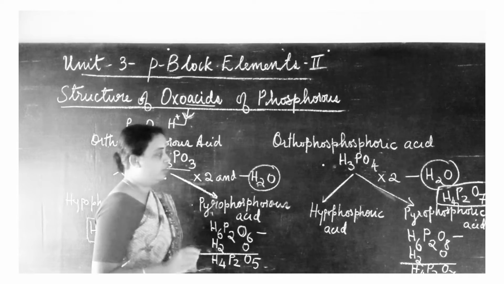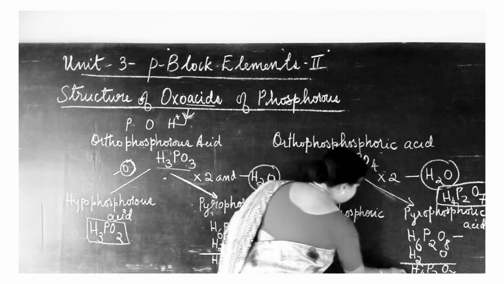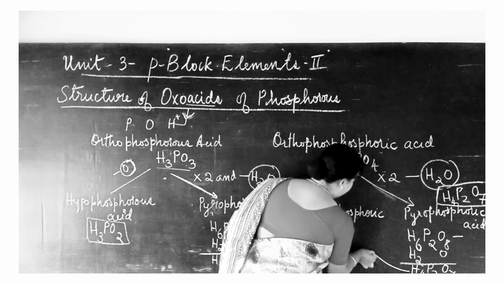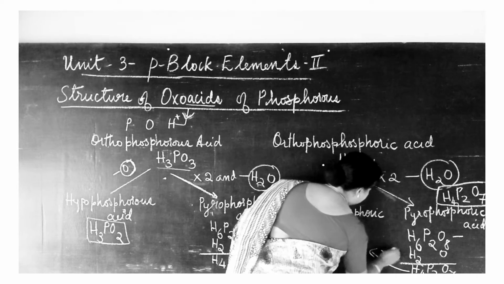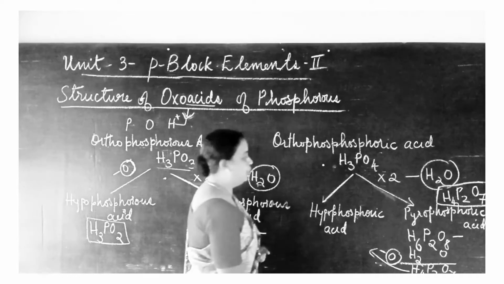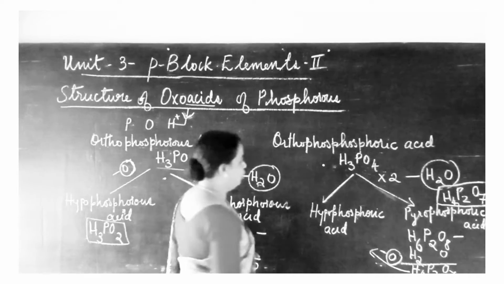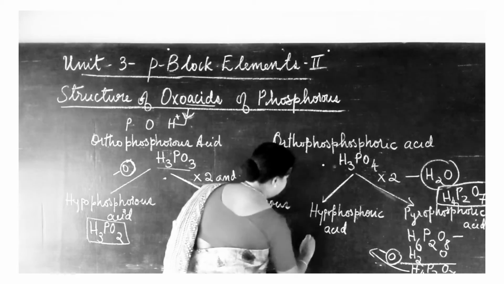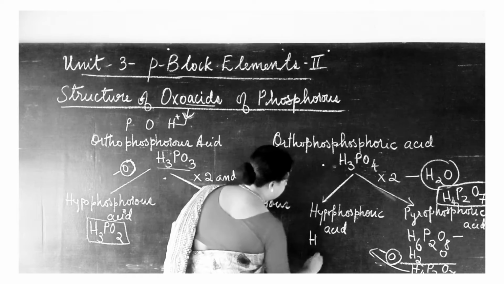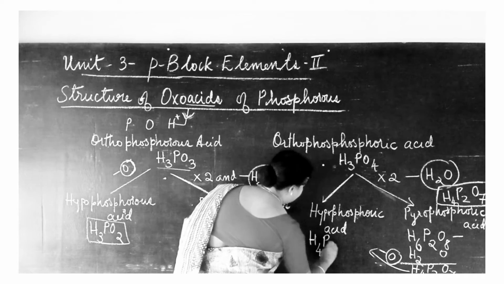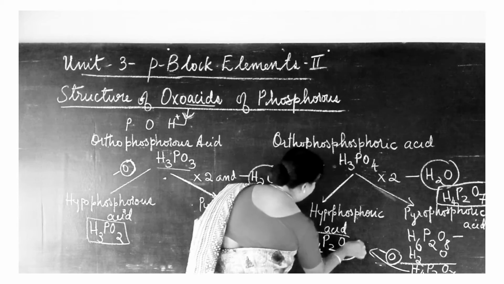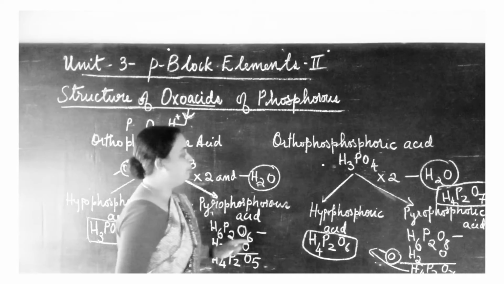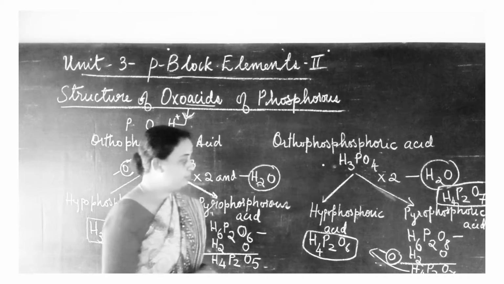Okay. Now from this pyrophosphoric acid, you just minus an oxygen atom. From pyrophosphoric acid, you just remove an oxygen atom. So the formula is like this, H4P2O6. So this is the formula for hypophosphoric acid.